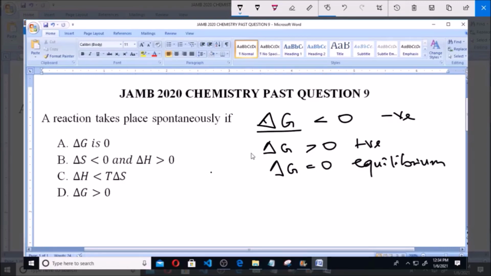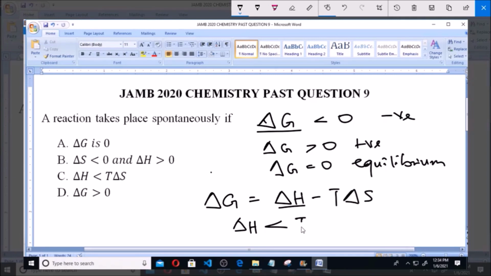The Gibbs free energy, which is delta G, is given as enthalpy change minus the temperature multiplied by the entropy change, which is delta S, the degree of randomness or disorderliness of a reaction. Now, for delta G to be negative, it simply means that delta H, the enthalpy change, must be less than T, the temperature, multiplied by the entropy change.